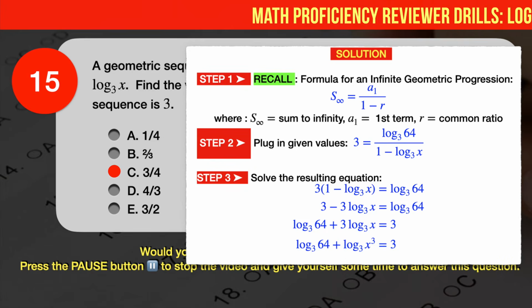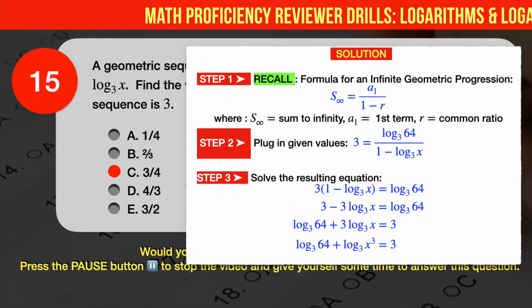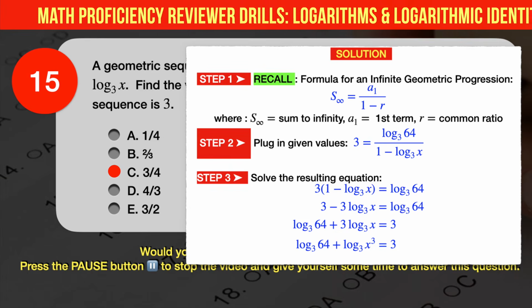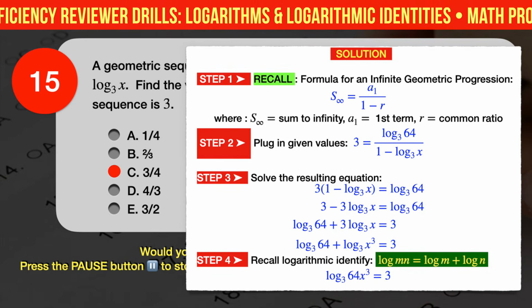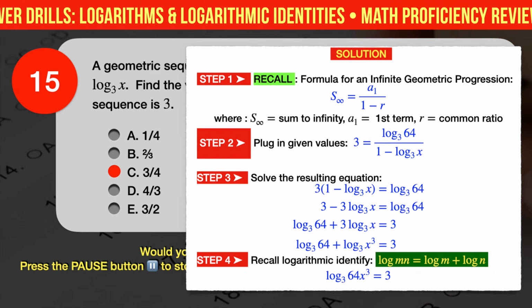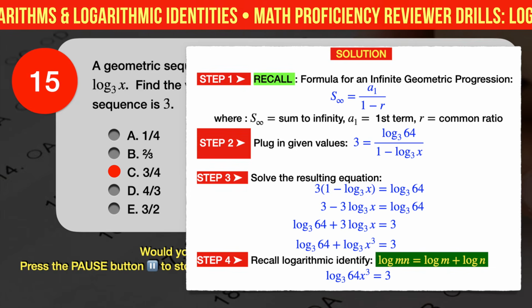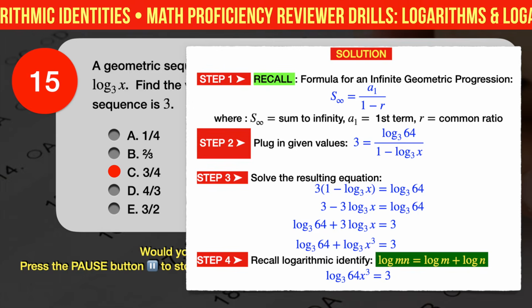Using basic algebra, at some point we should arrive at the equation, logarithm base 3 of 64, plus logarithm base 3 of x cubed, is equal to 3. Recalling our logarithmic identities, we know that adding two logarithmic terms with the same base can be expressed as a product. Therefore, our equation now reads as logarithm base 3 of the product of 64 and x cubed is equal to 3.